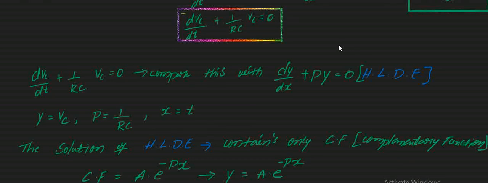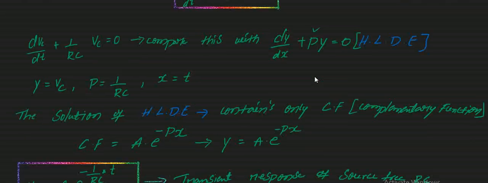Just compare this equation with dy by dx plus p into y equal to 0. This is the equation for a homogeneous linear differential equation. Comparing with the standard equation, y is your Vc, p is 1 by RC, and x is t.